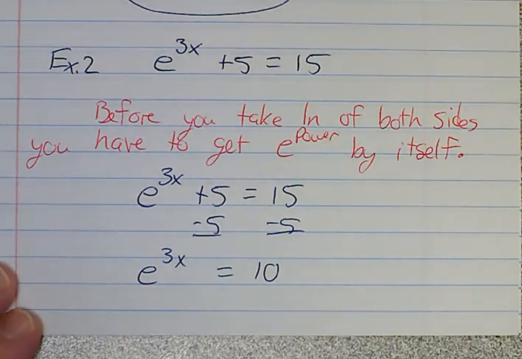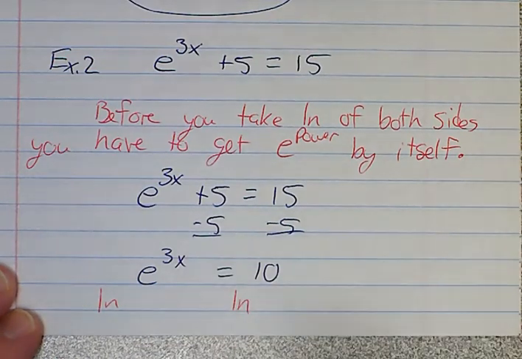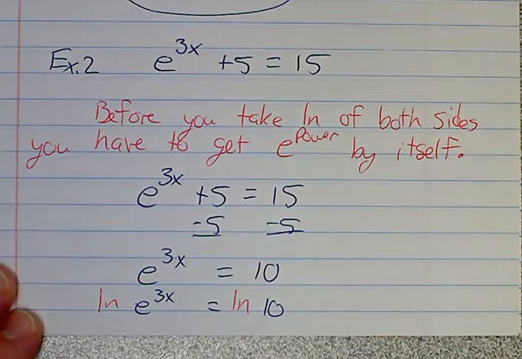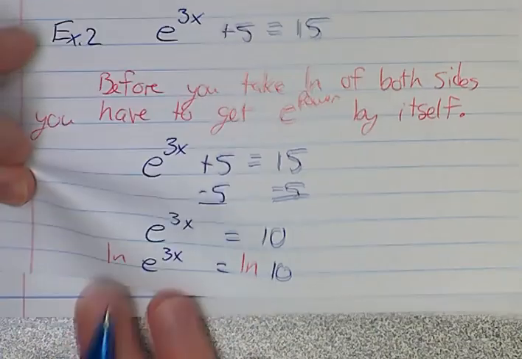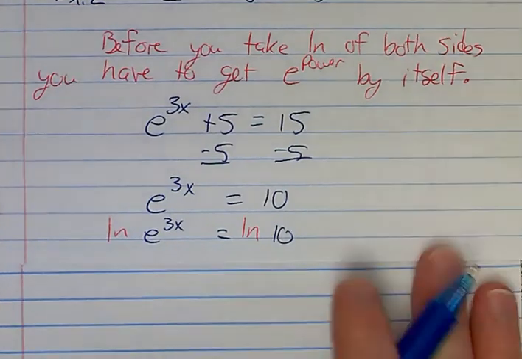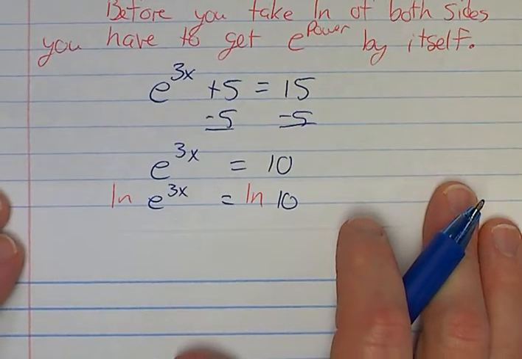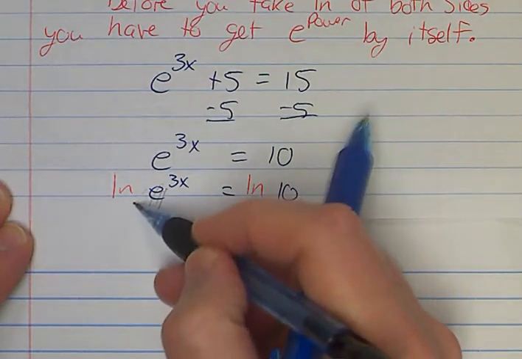And once you've got the e by itself, now you can take the ln of both sides. So you've got the ln of e to the 3x equals the ln of 10. Write it down so we have a bit more room here. And again, the ln and e kind of cancel each other out, so you can just basically get rid of it there.